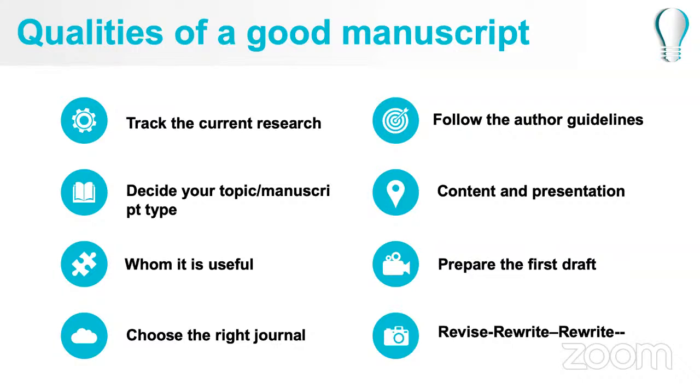Now think about what the author guidelines and the journal guidelines are. See, you spend maybe half a month, maybe 1 year, doing the research. You spend 1 year to write your article, to get it accepted and published. So 2 years are going, right?